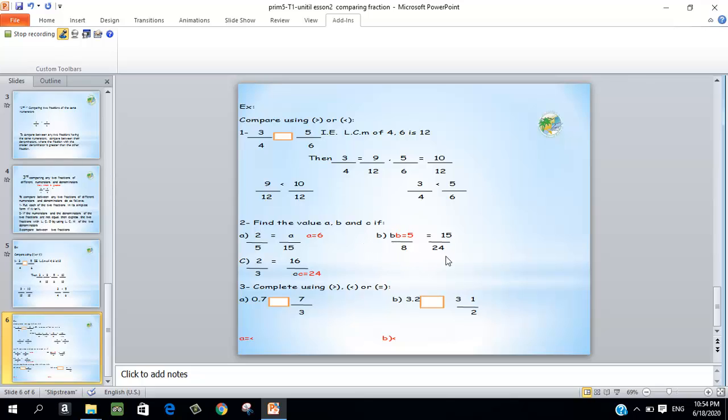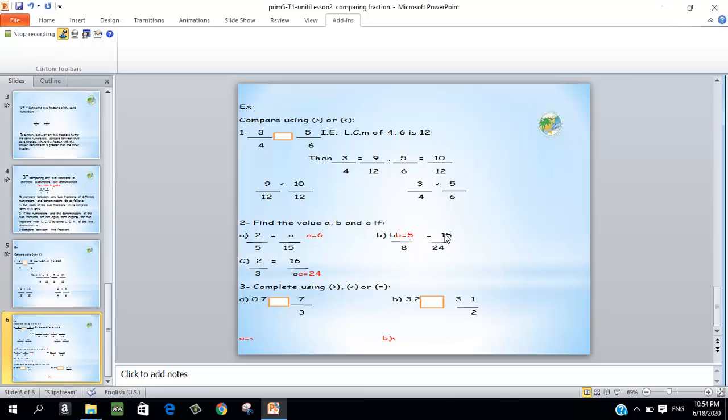Another example. The 8 changes into 24. We multiplied 8 times which number to equal 24? 8 times 3 equals 24. If we multiply here times 3, then here also multiply by 3.